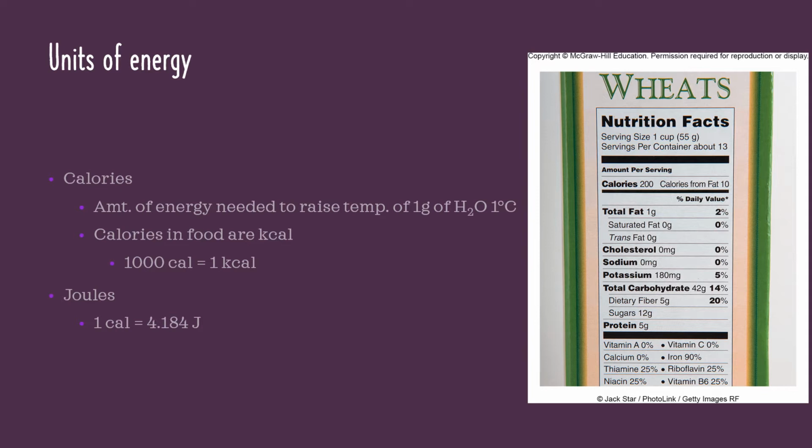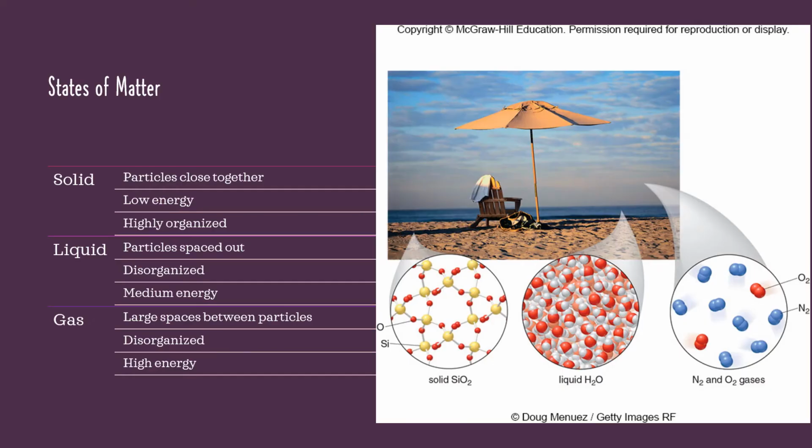Another type of energy unit that we use are called joules, and 1 calorie is equal to 4.184 joules. So you'll see both of these, joules and calories, on your exams, quizzes, in lab, etc.